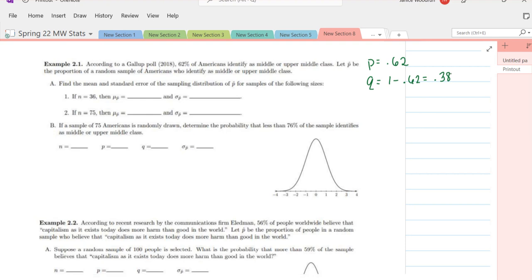Okay, so let's identify the mean and the standard deviation for a sample size of 36. So the mean is always just equal to p. So here we say 0.62.